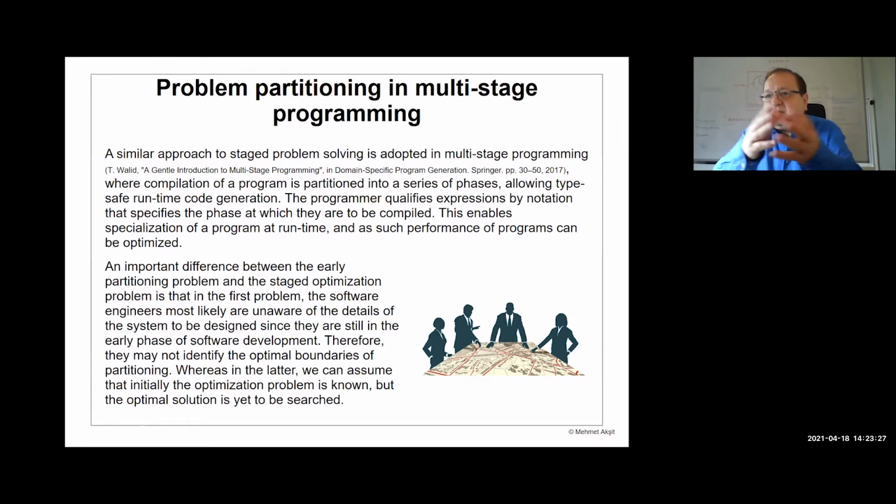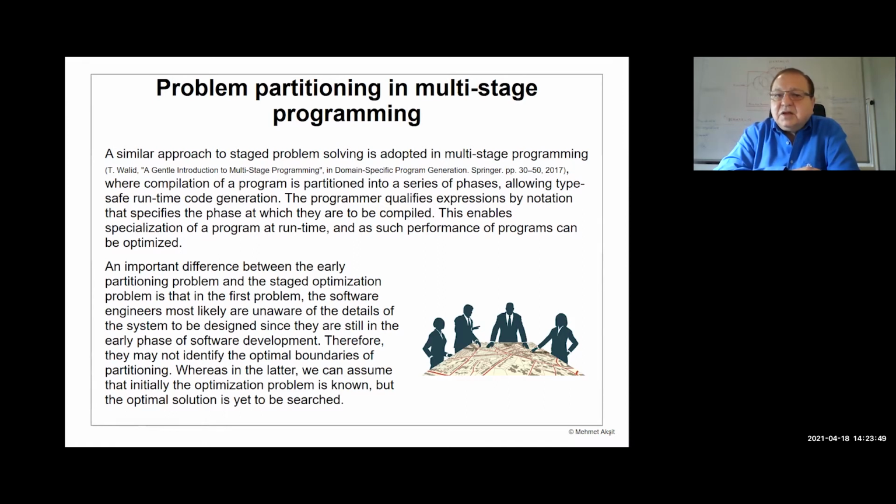But this is quite different from what we want to do, because an important difference between the early partitioning problem and the stage optimization problem is that in the first problem, the software engineers most likely are unaware of the details of the system to be designed, since they are still in the early phase of software development.